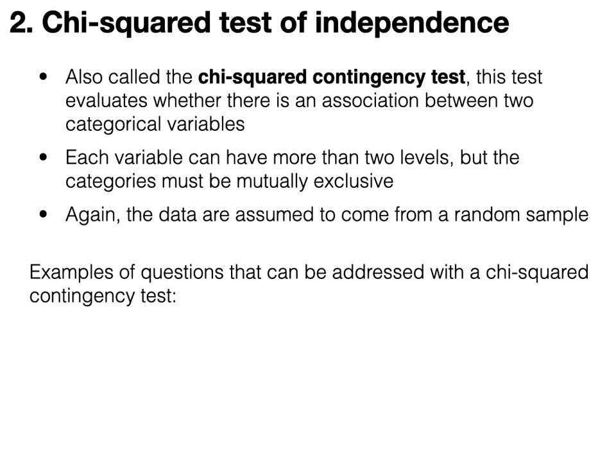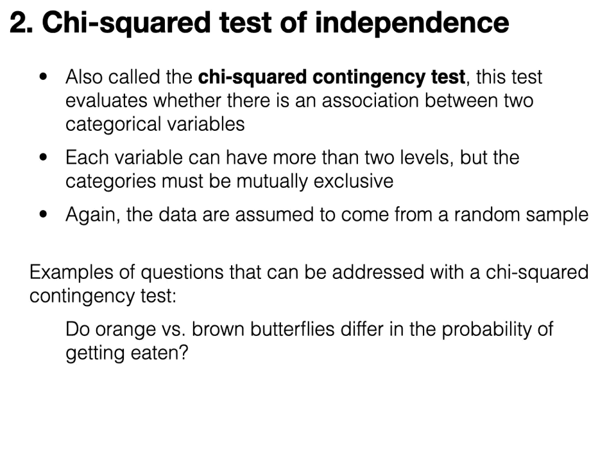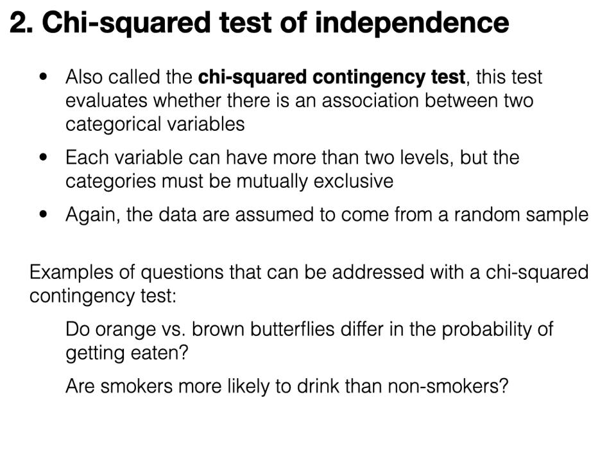Here are some examples of questions that can be addressed with a chi-squared test. Do orange or brown butterflies differ in the probability of getting eaten? In this question, there are two categorical variables: the butterfly's color, and whether it got eaten or not. Here's another one. Are smokers more likely to drink than non-smokers?